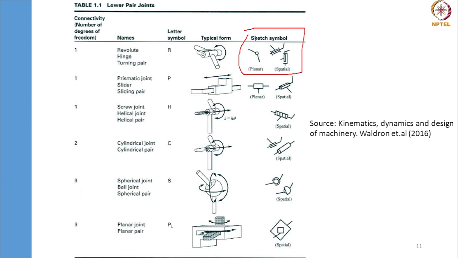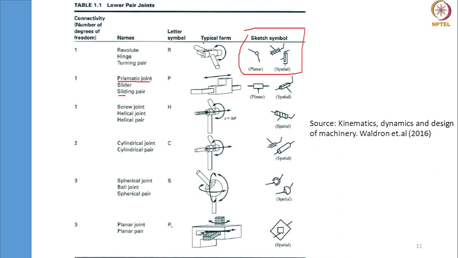So these are all lower pair joints. That means they have area contact, and also a sliding pair or a prismatic pair, which also has a degree of freedom 1. Even a revolute joint has a degree of freedom 1, and it is also a lower joint. A screw joint or a helical joint, even this is a lower pair joint, and this also has a degree of freedom 1.